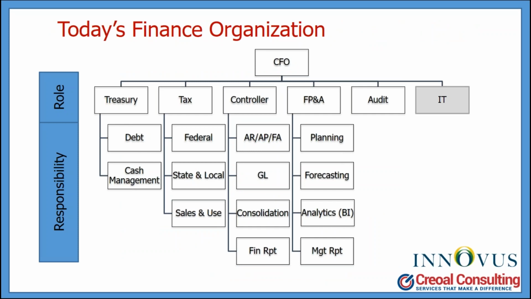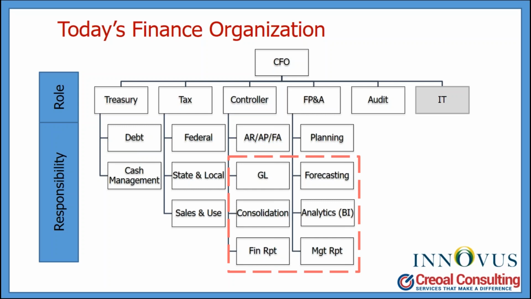So this is a typical finance organization. As we said, this is not meant to be gospel. This is just something that RJ and I have seen over and over again, and it is pretty typical. The folks in the square are the folks we're speaking to.